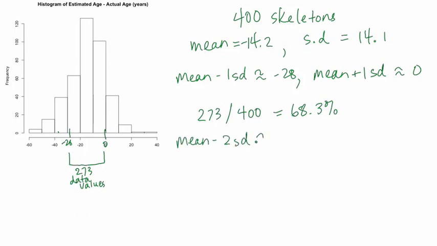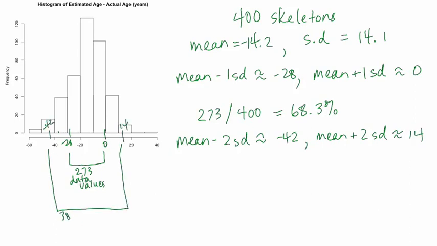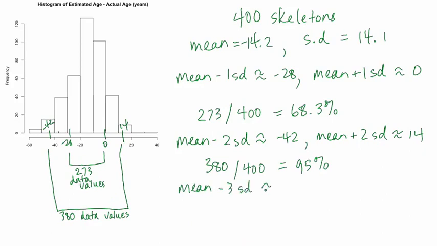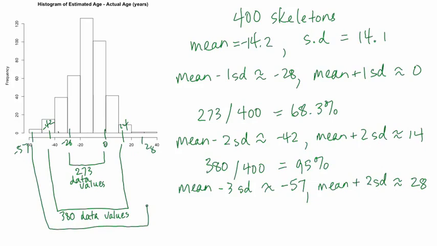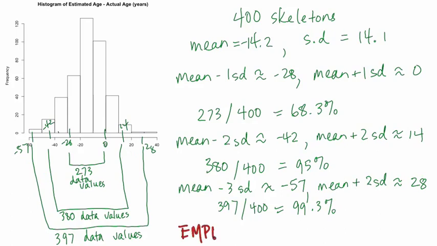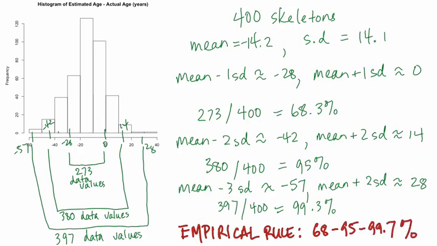Two standard deviations on either side of the mean is the range from -42 to 14, which covers 380 or 95% of the 400 data values. And 3 standard deviations on either side of the mean is the range from -57 to 28, which covers 397 of the 400 data values, or 99.3%. We can see that this is very close to the 68, 95, 99.7% that we expected from the empirical rule.